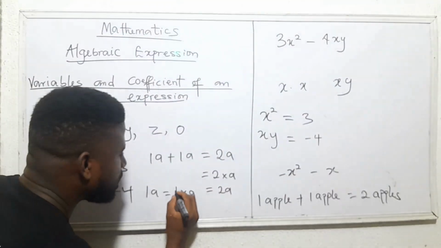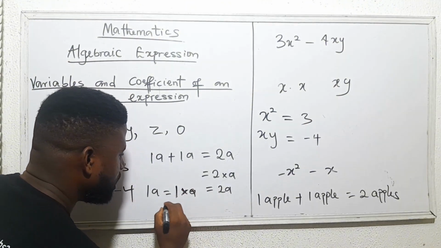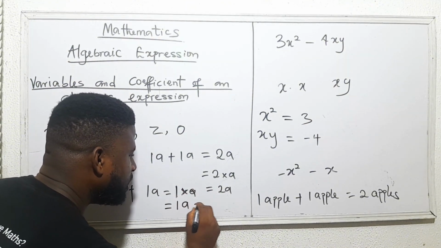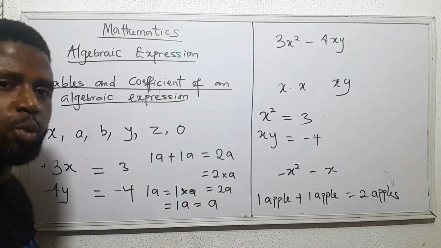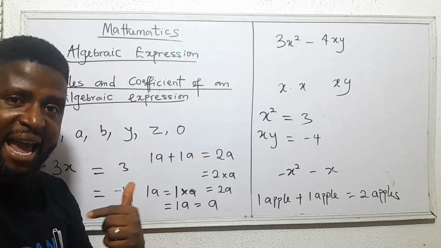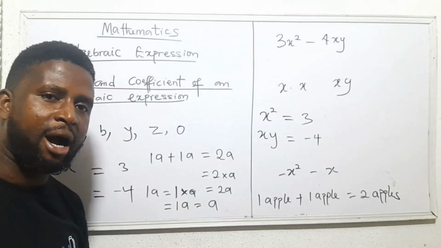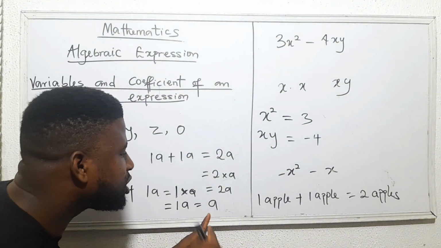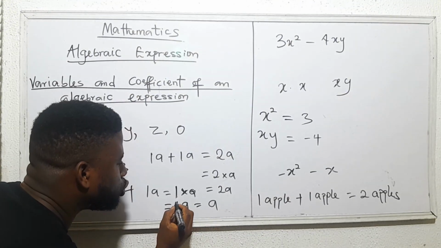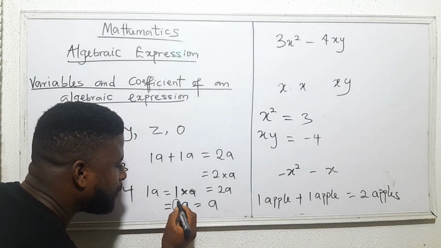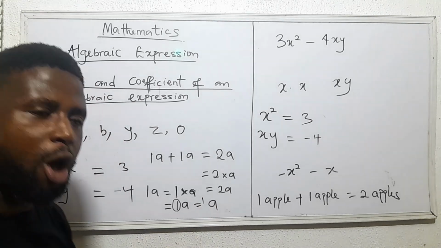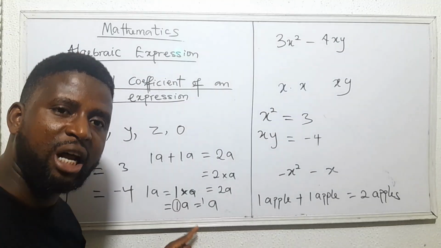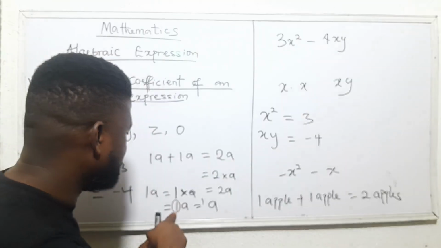So 1 times a is the same thing as 1a is the same thing as a. If you are then asked to find the coefficient of a, you should know that the coefficient of a is 1, because the number that is attached to a or that multiplies a is 1.